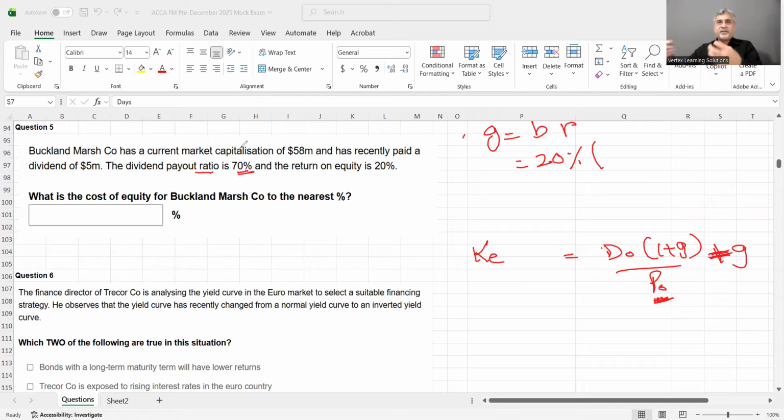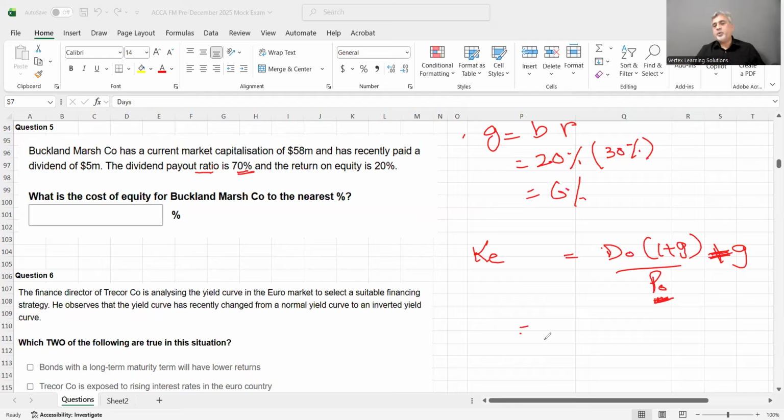It means that whatever they earn, 70% they give out and only 30% they keep in the business and reinvest. So 30% is the amount retained in the business, and that retained amount is invested at 20%. So I can calculate 0.2 into 0.3, which is 0.06. So you got your growth as 6%.